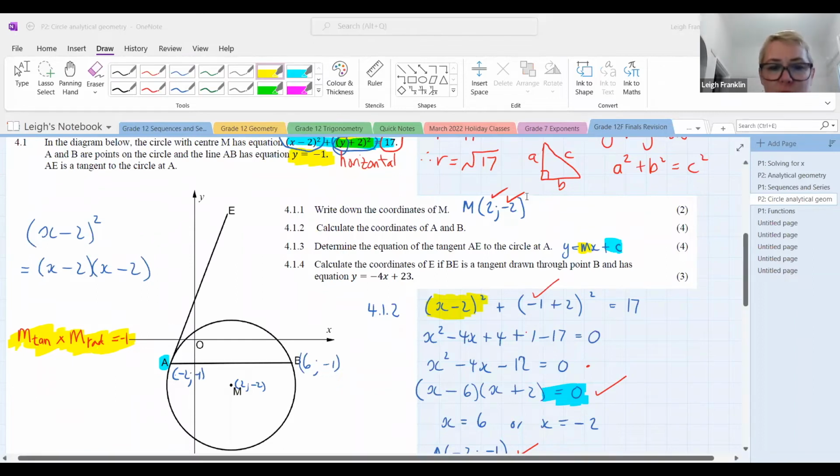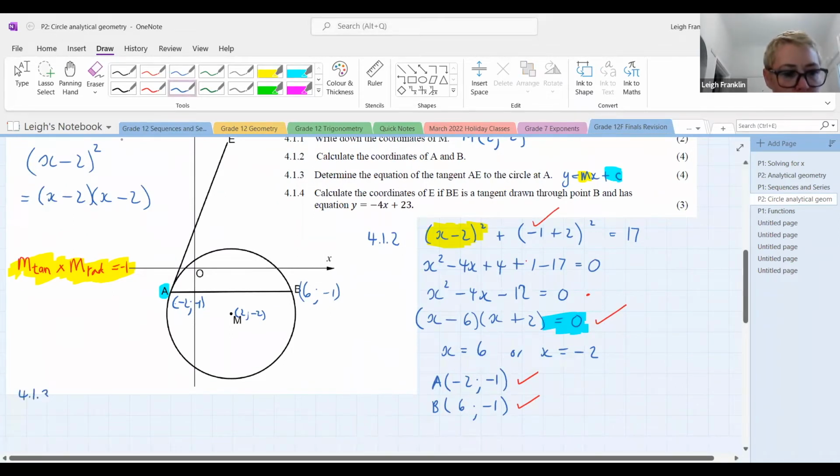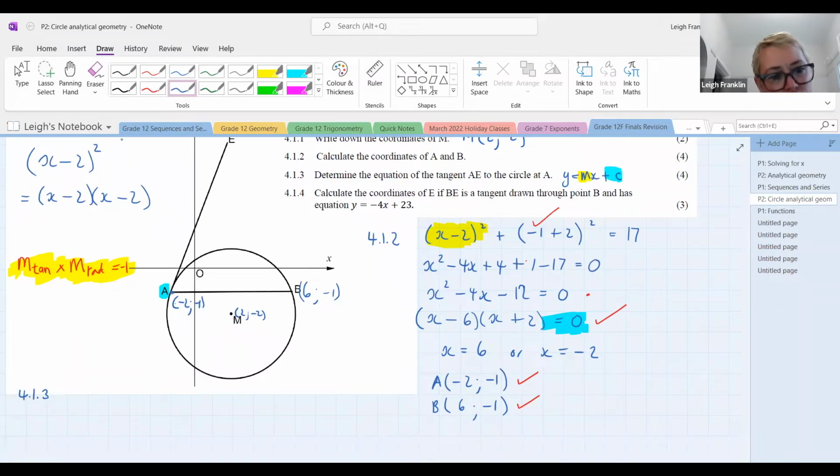Oh wow, some of you have already done the answer. Yes, good, well done. Let's have a look if you guys are indeed correct. So in question 4.13, we have the coordinates at the circle and we have the coordinates at the center. That means that we can calculate the gradient of the radius. In other words, line AM is the radius.